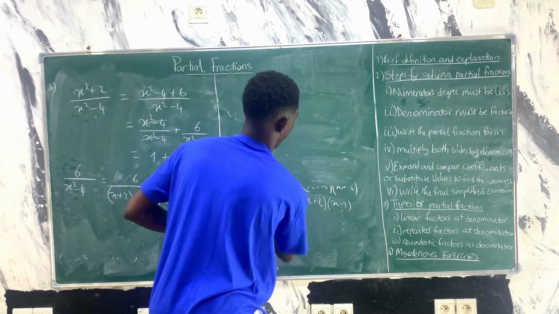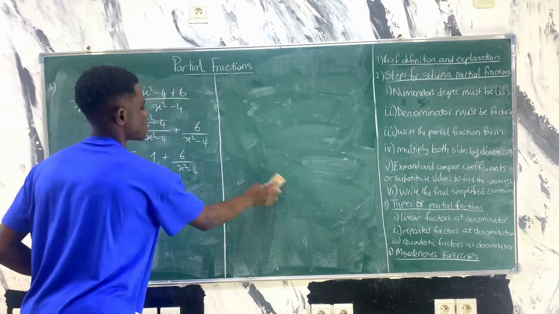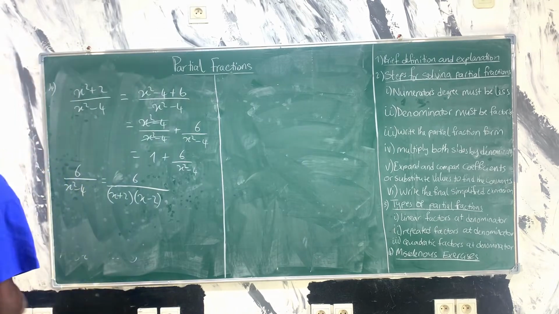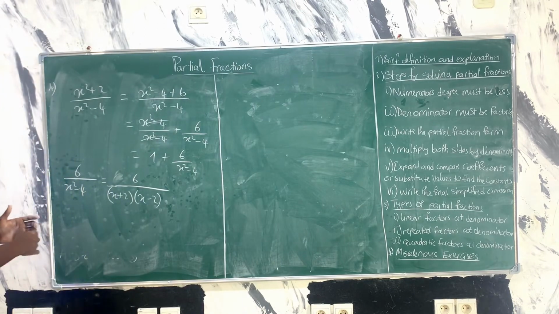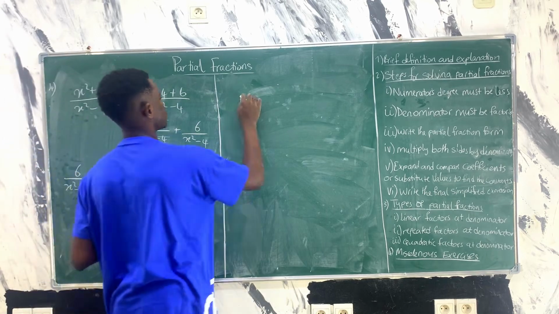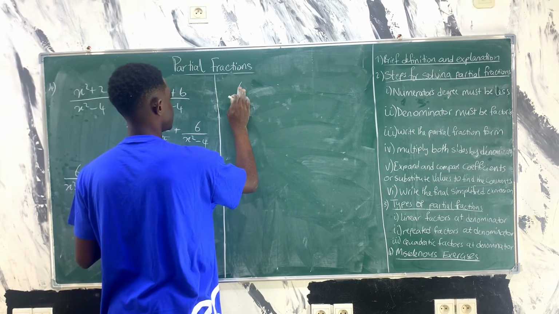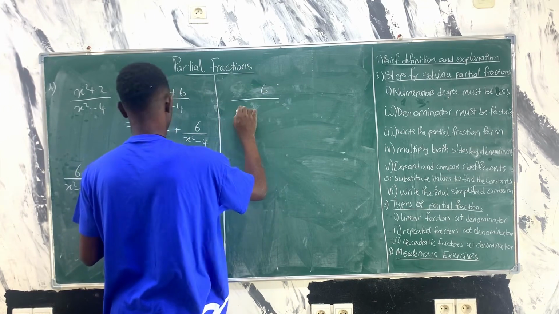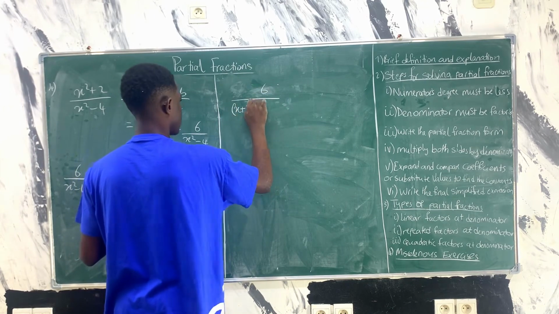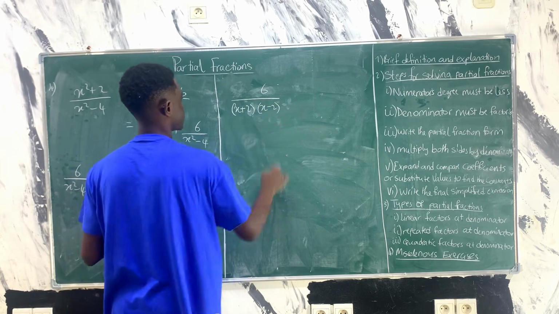So, to find this in partial fraction, I'll copy it back here. I'll have 6 on x plus 2, x minus 2.